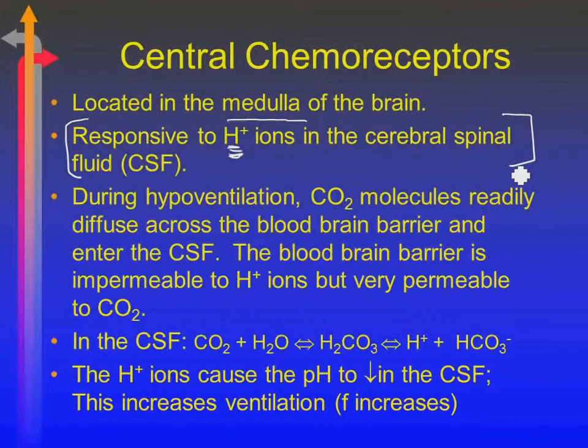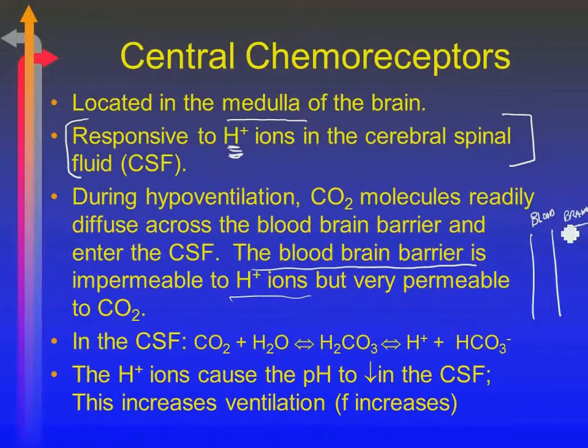What ends up happening is that the blood-brain barrier, remember there's a portion of your brain where there's a border, and that border is impermeable to hydrogen ions. So if this is the blood and this is the brain, ions can't get across. They're blocked. But gases can easily get across.